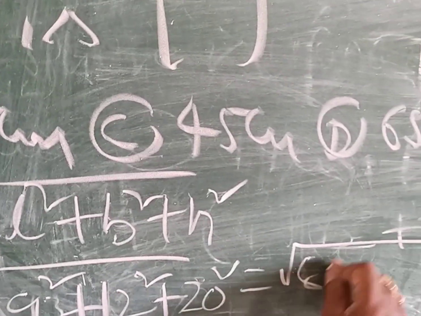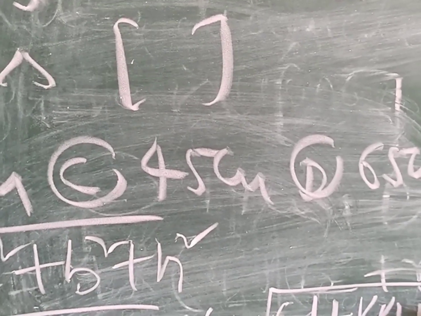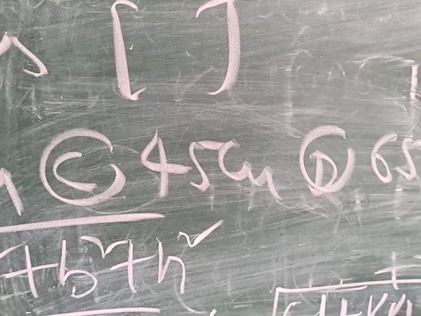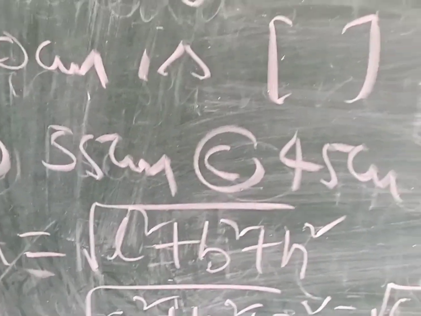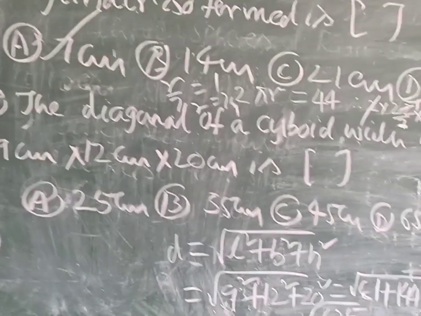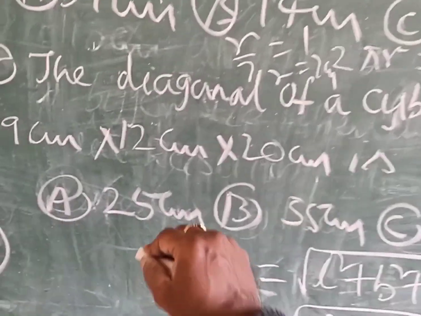Root of 81 plus 144 plus 400. This is equal to 625. So root 625 is equal to 25 centimeters. Therefore, the diagonal of the cuboid with these dimensions is 25, and the option is A.